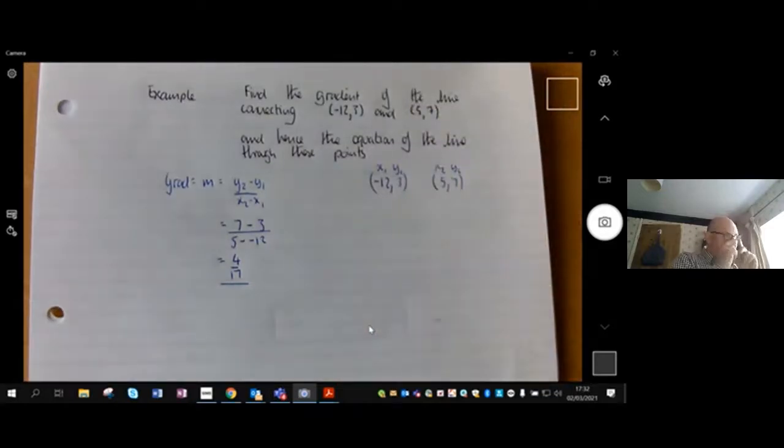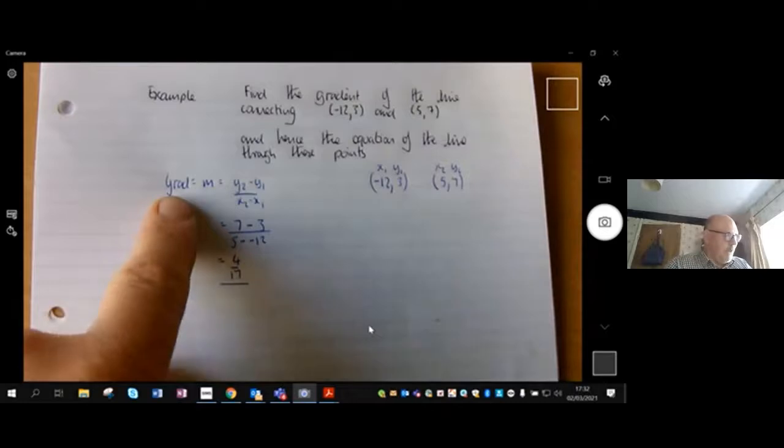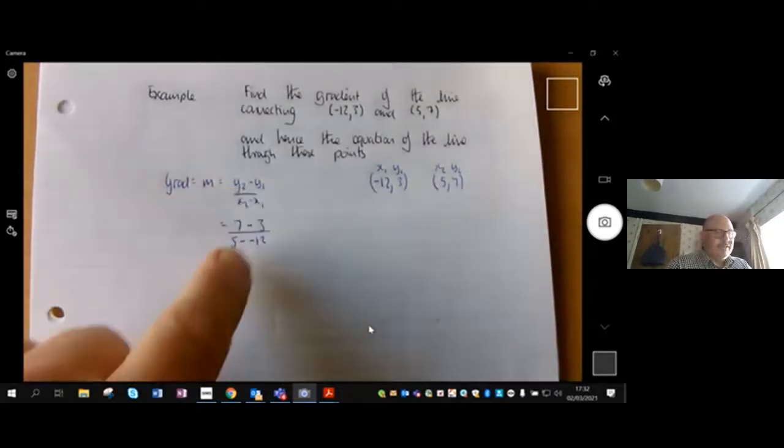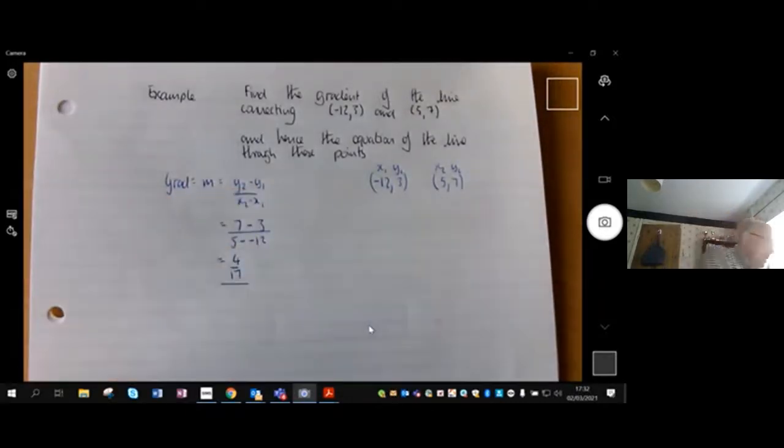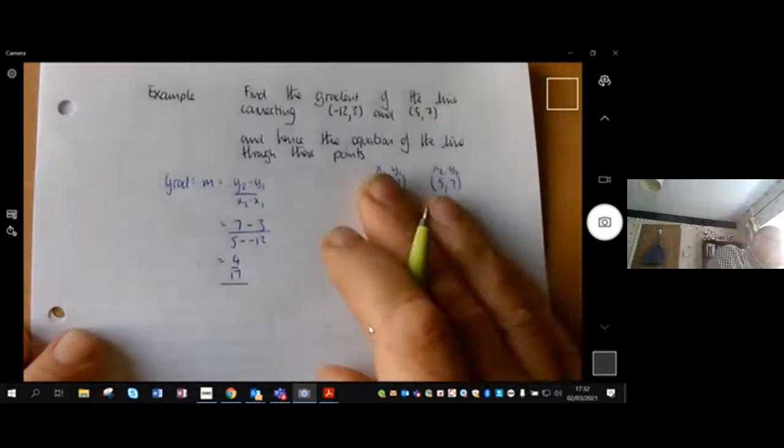This is what your teacher means when they say read the question, because there is more to it, and hence the equation of the line through these points. So, tell the examiner what it is you're trying to work out. Tell the examiner, I'm working out the gradient, that's how I'm going to do it, that's my answer. I'm now working out the equation of the line.